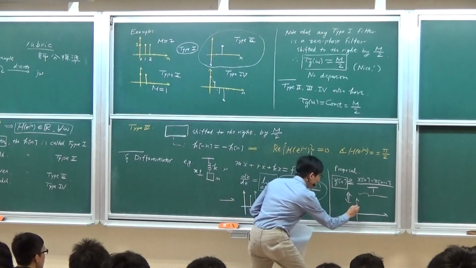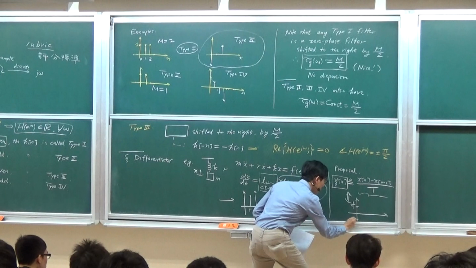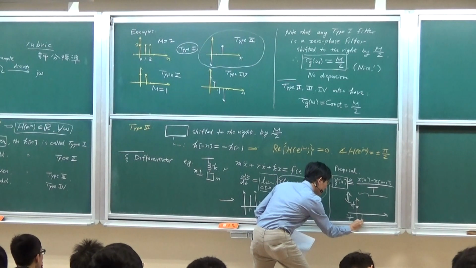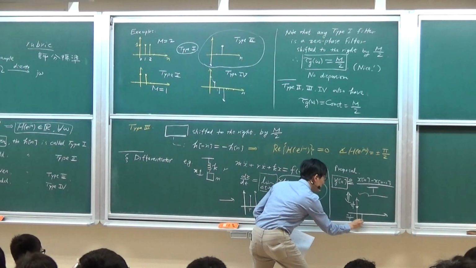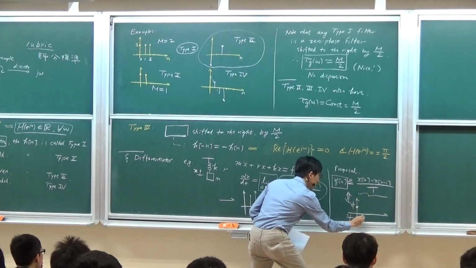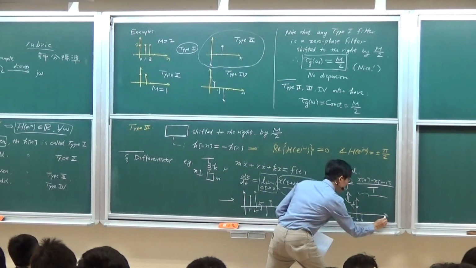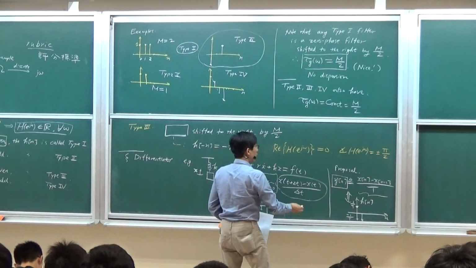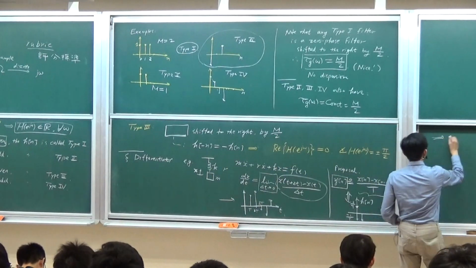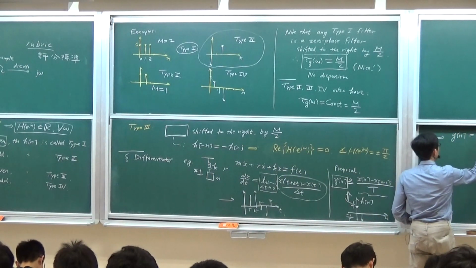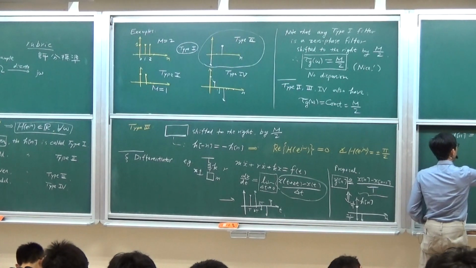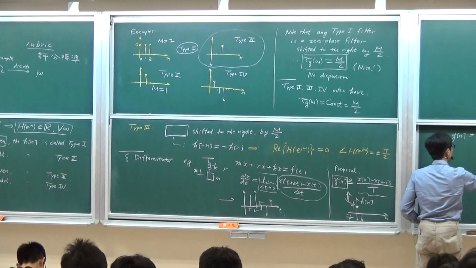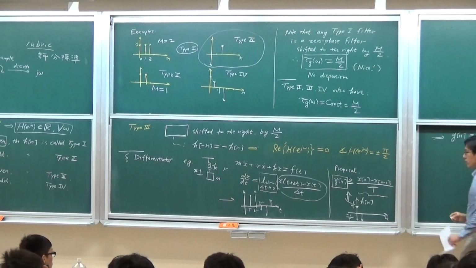Because we have plus 1 divided by t and minus 1 divided by t at time 0 and time 1 respectively. I hope I get this correct. Everything else is 0. If we define this as our impulse response, then y of n is h of n convolved with x of n, according to our definition, and this h of n is a type 4. Can we agree on this?